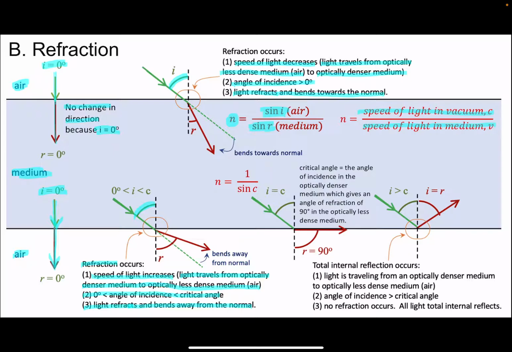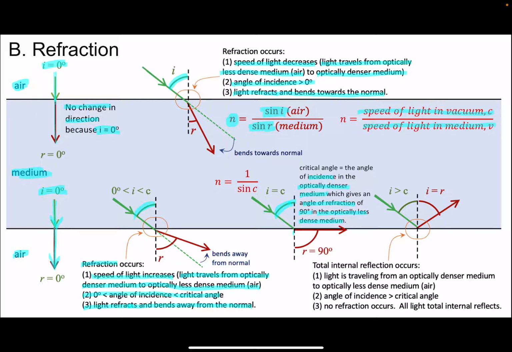Now, what is the critical angle? The critical angle refers to the angle of incidence in the optically denser medium. So here, we are looking at this angle of incidence. This angle of incidence will give an angle of refraction of 90 degrees in the optically less dense medium.